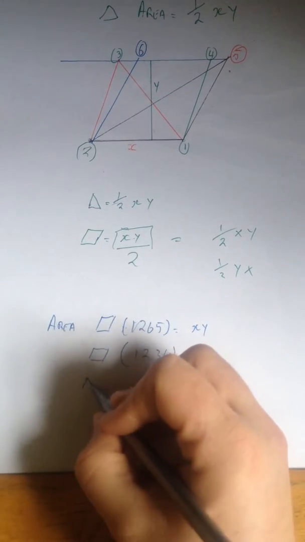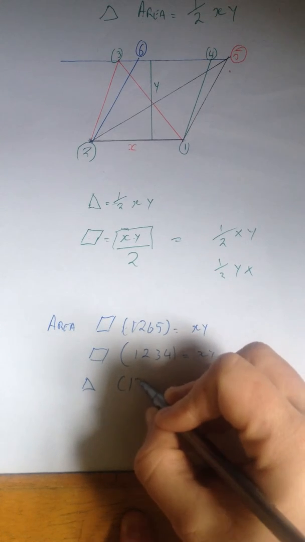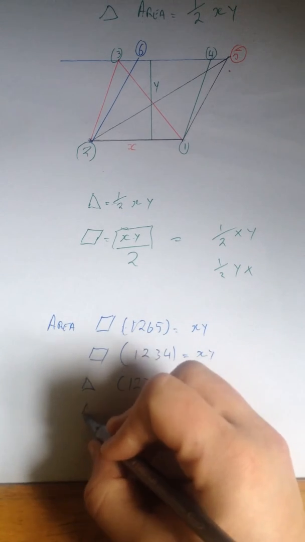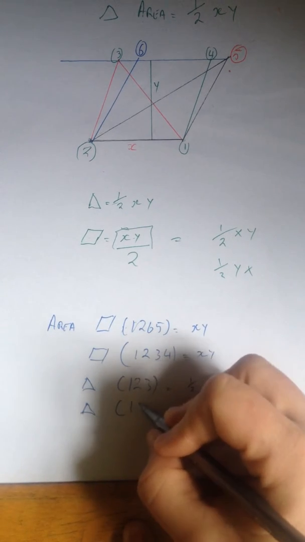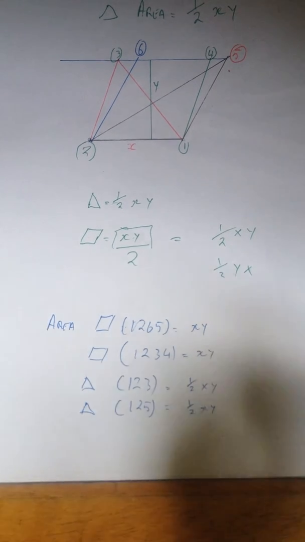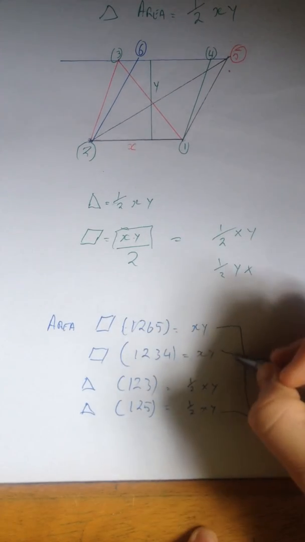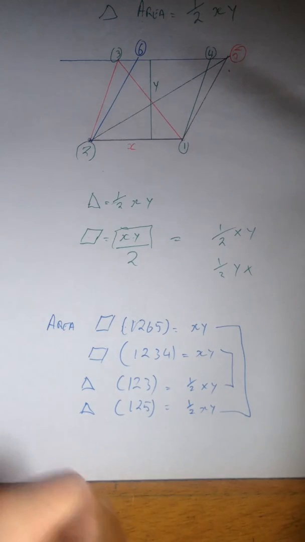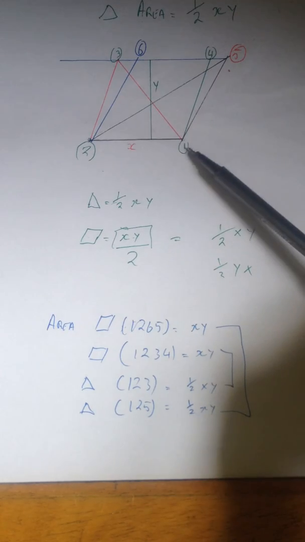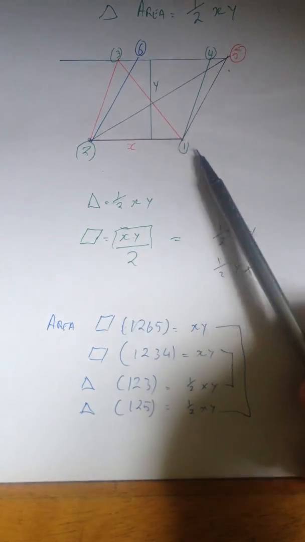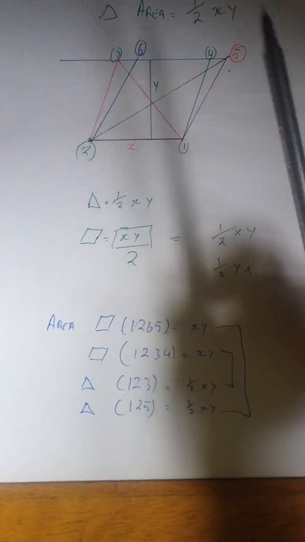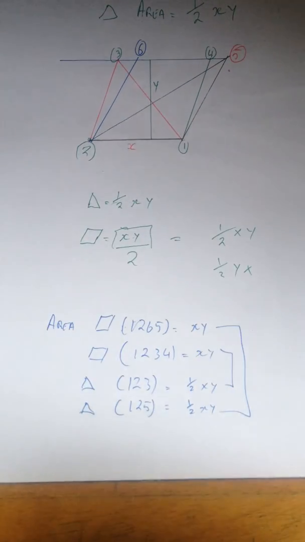And since we know the area of the triangle 1, 2, 3 is equal to half x by y, then the area of the triangle 1, 2, 5 is equal to half x by y, as these are linked and these two are linked. Therefore we can show that since the triangles 1, 2, 3 and 1, 2, 5 have a similar base and the same perpendicular height, then they have the same area, which means that it's common throughout. Thanks.